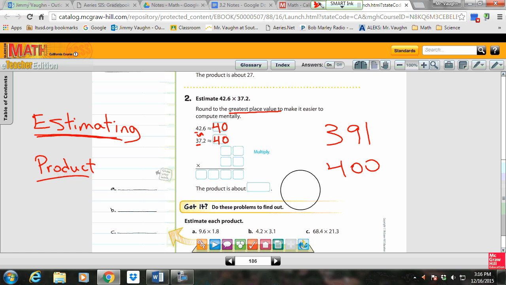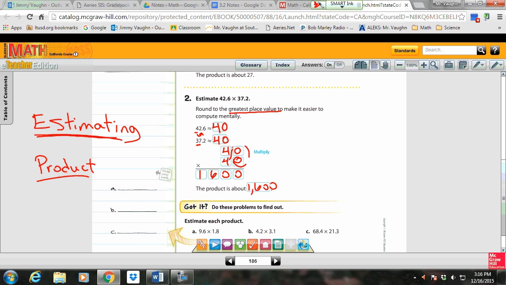See what I'm saying? All right, so moving on. You can use the zero trick. 40 times 40, 4 times 4 is 16, and however many zeros there are here is how many zeros are going to be in your answer. So the product should be about 1600.